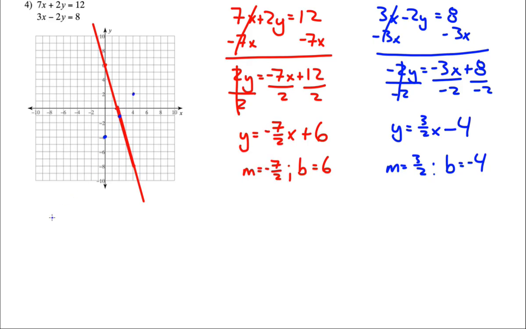And so now I can graph it. It's going to look like this. Okay, and comes down and looks like this too. Okay, and now I know to find, well, where does it intersect? Where's the point where it intersects?